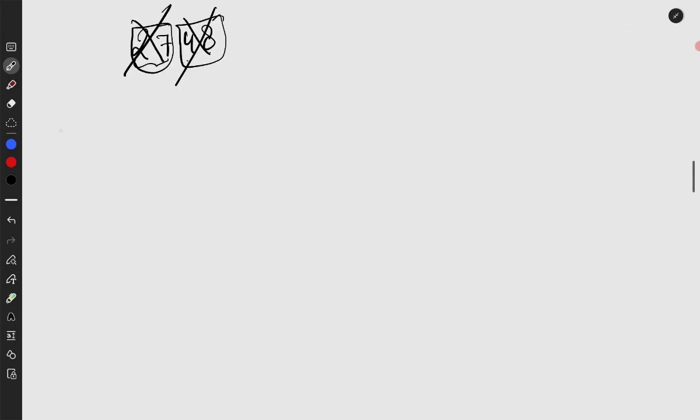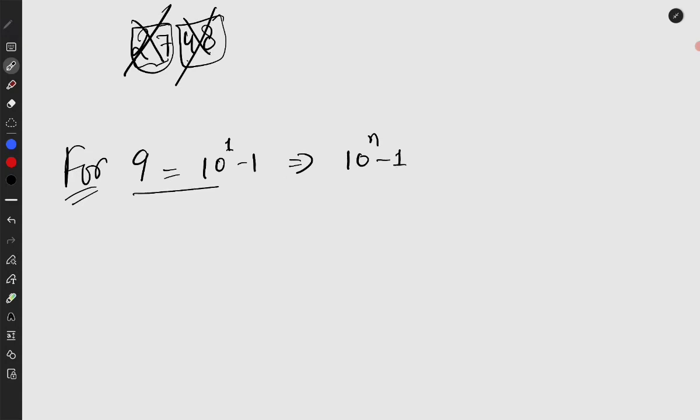Now let's move to 9. 9 is something interesting because it forms as 10 to the power 1 minus 1, and anything which forms 10 to the power n minus 1 has the same pattern as 9. For that, all we need to do is follow the same logic we followed for 3.